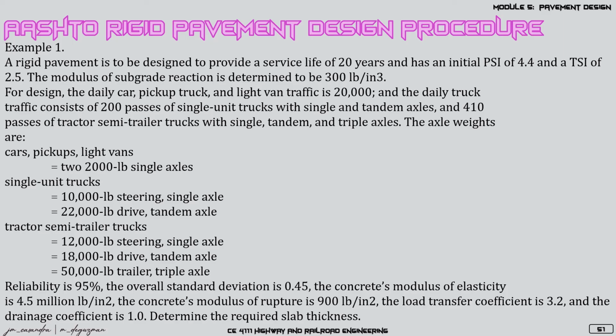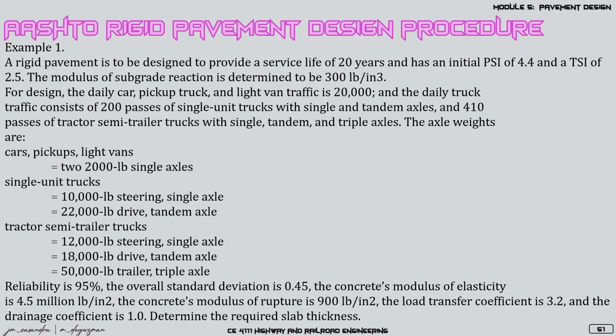The axle weights for car pickups and light vans will be 2,000-pound single axles. For single unit trucks, it will have a 10,000-pound single steering axle and 22,000-pound tandem drive axles. Tractor semi-trailer trucks will have a 12,000-pound single steering axle, 18,000-pound tandem drive axle, and 50,000-pound triple trailer axle.